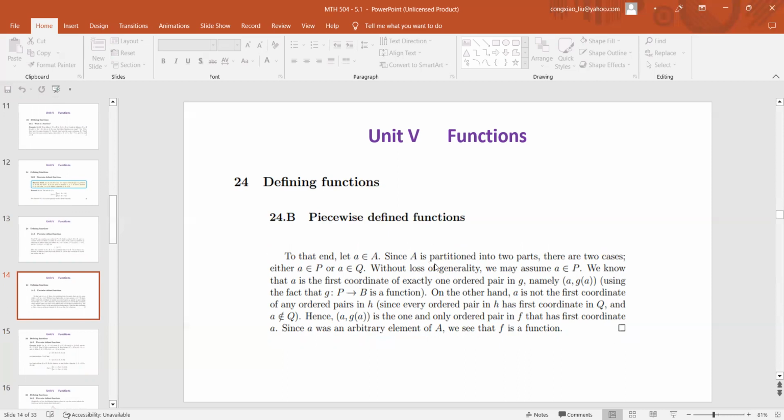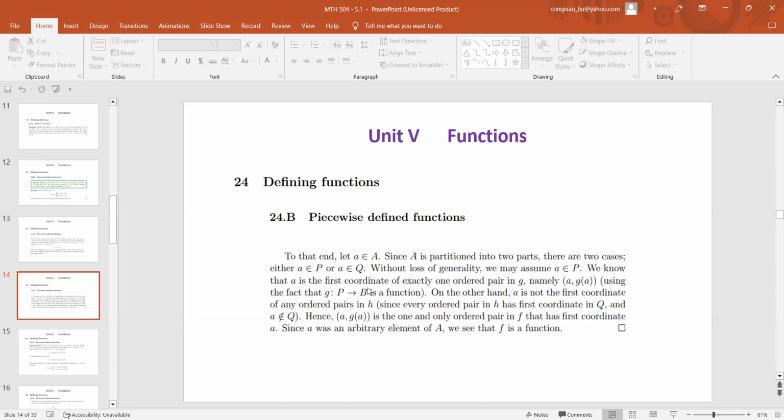Because A is partitioned into two parts, P and Q, in the problem, an element a is either in P or in Q. Let's just assume a is in P, and you can prove it the same way when a is in Q, so this is without loss of generality.